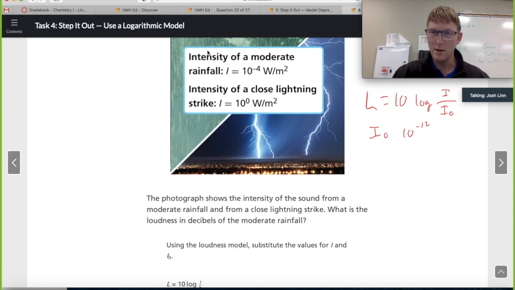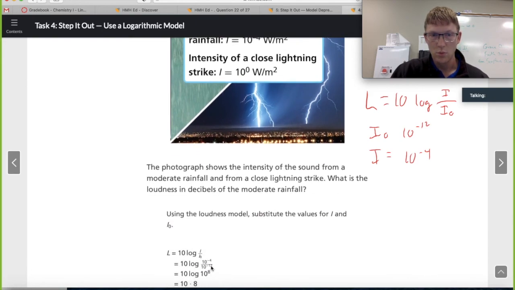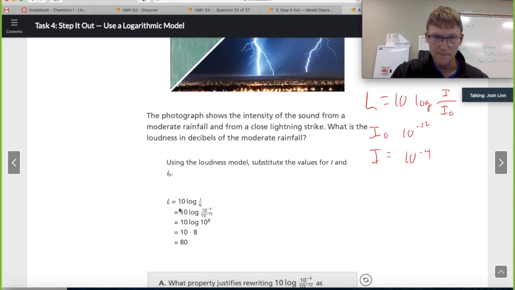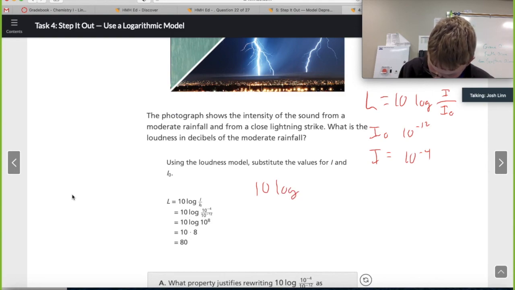For moderate rainfall, that's going to be our I, which is equal to 10 to the negative fourth. We're just going to plug all that in. So we are going to have 10 log of 10 to the negative 4 over 10 to the negative 12.